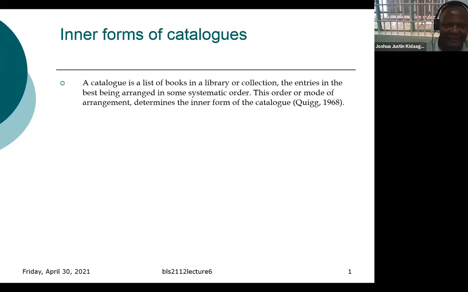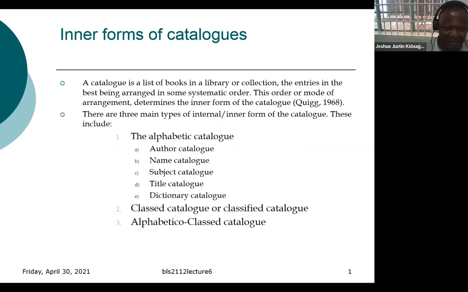In other words, the physical forms have the inner form, simply because how the entries are arranged will determine what inner form you have. There are three main types of the inner form or internal form of the catalog. Number one, the alphabetic catalog, meaning the entries are arranged alphabetically.